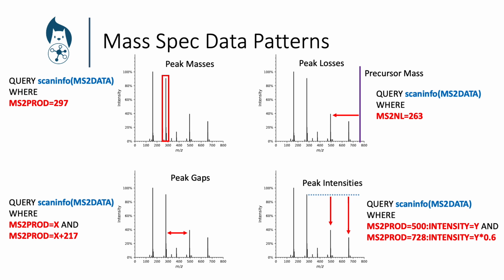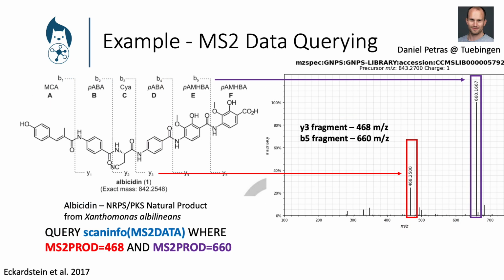And on the bottom right here, you can also start imprinting the intensity that you're looking for. So any combination of these four things, plus actually quite a bit more, but these are just the basics to get us going.